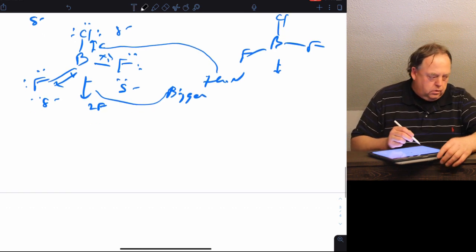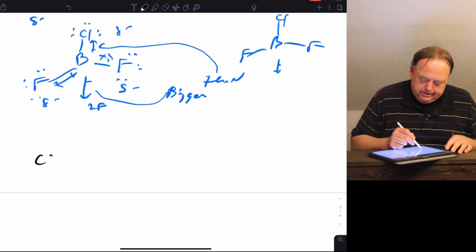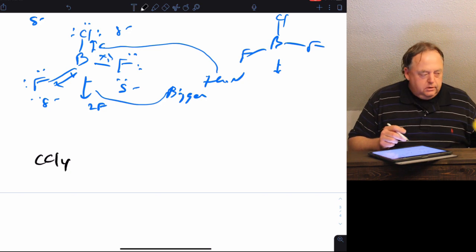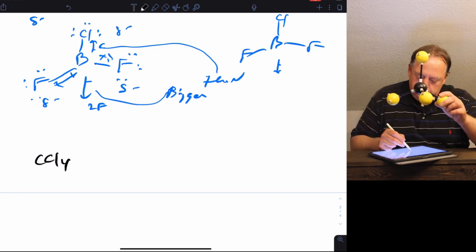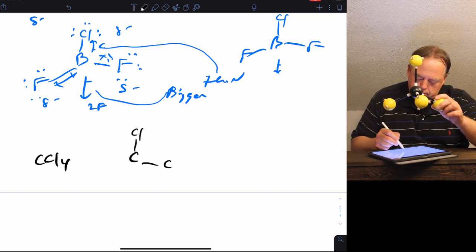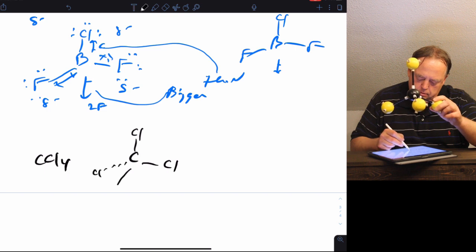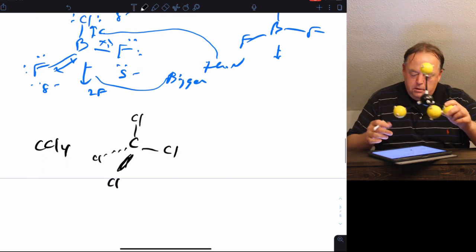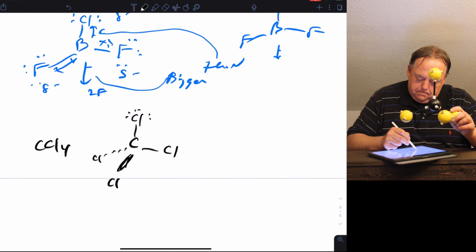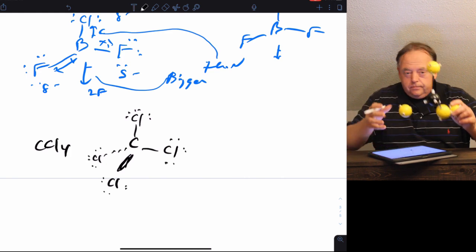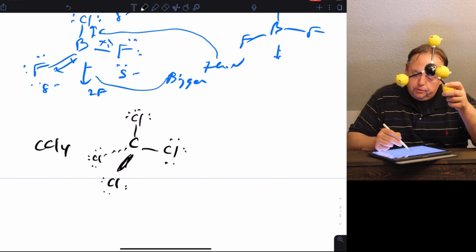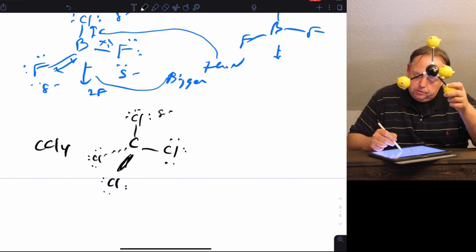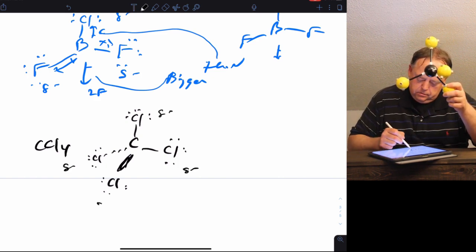Okay, so what about a molecule like CCl4? Chlorine is more electronegative than carbon, so each of the chlorines is partial negative and carbon is partial positive.